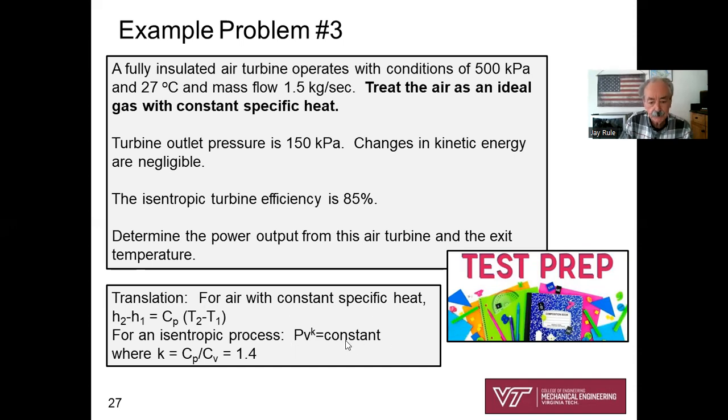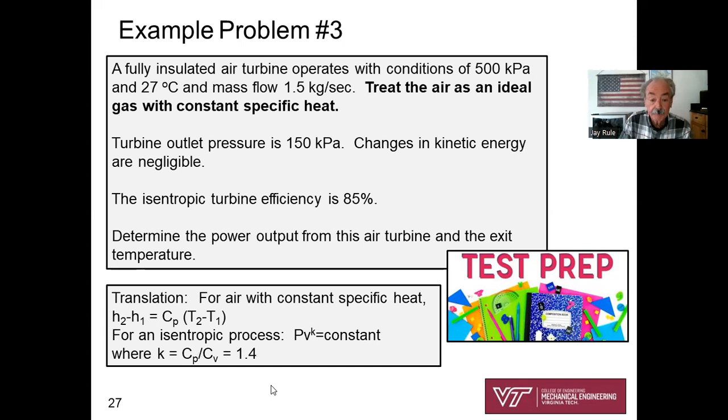You may need your formula sheet for an isentropic process with an ideal gas with constant specific heat: PV to the K is constant, where K is Cp divided by Cv, and for air, K is 1.4. I've got that memorized because I use that so much in my engineering practice. K is 1.4 for air.